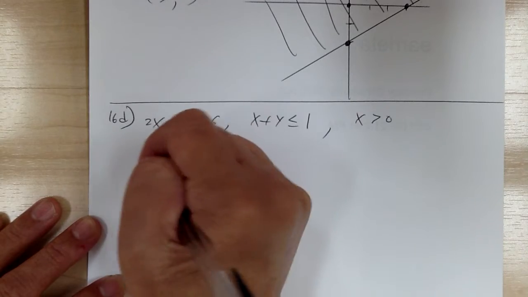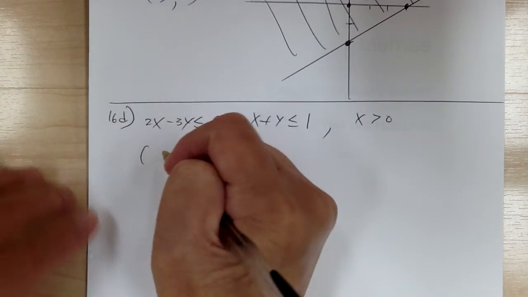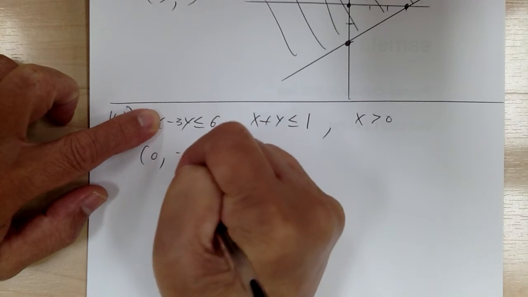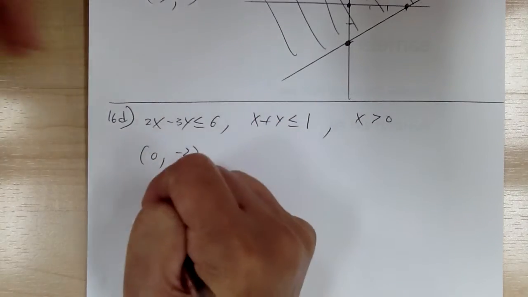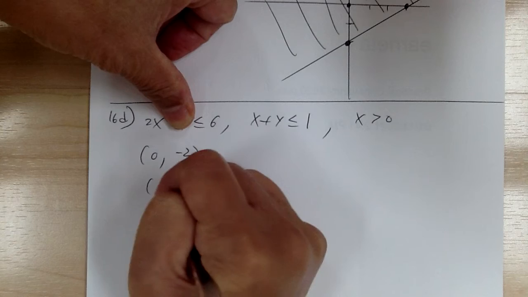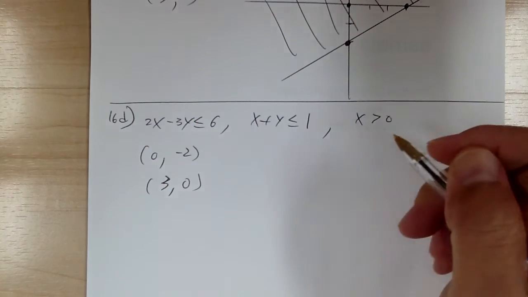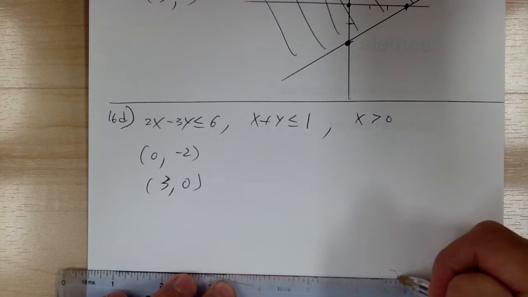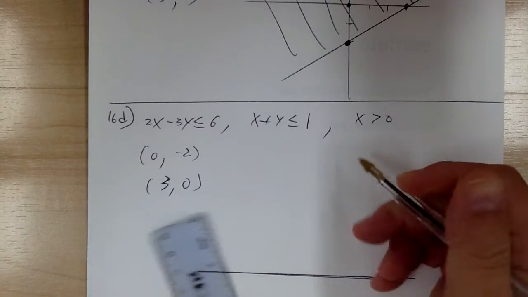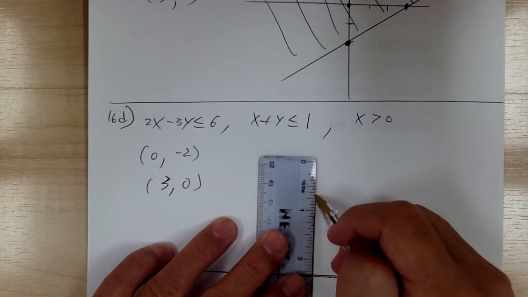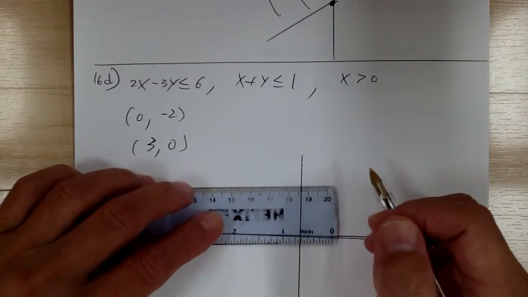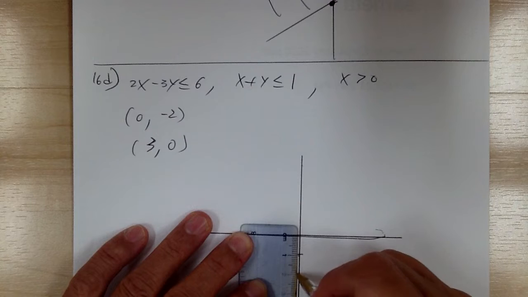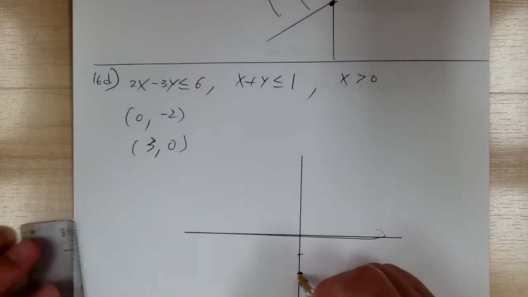So let's just walk through it. When x equals 0, then y equals negative 2. And when y equals 0, x equals 3.